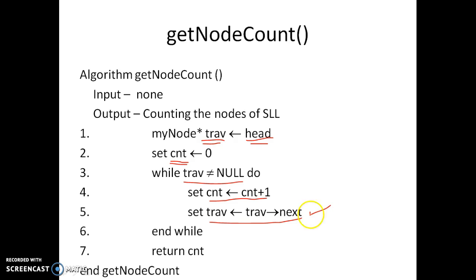So statement number 5 is used to traverse the linked list, and statement number 4 is used to increment the counter. Ultimately at the end of the loop, whenever the loop gets terminated, we are just returning this CNT, that is nothing but the counter, which gives the total number of nodes present in the linked list.